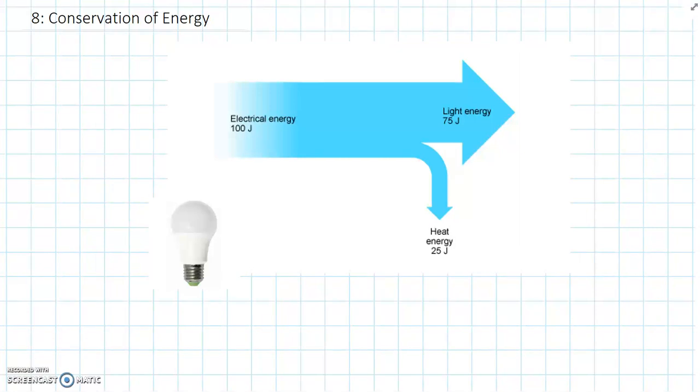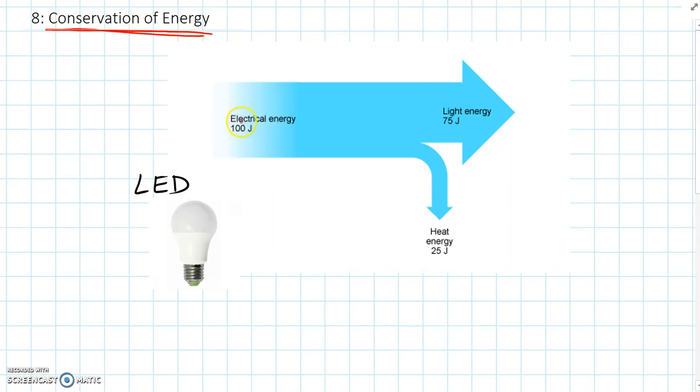Okay, we're now going to talk about one important rule about energy, which is called the conservation of energy. And we're going to start by looking back at this diagram of a light bulb and the flow diagram that relates to it. So remember, this is an LED light, which is a really efficient type of light bulb.